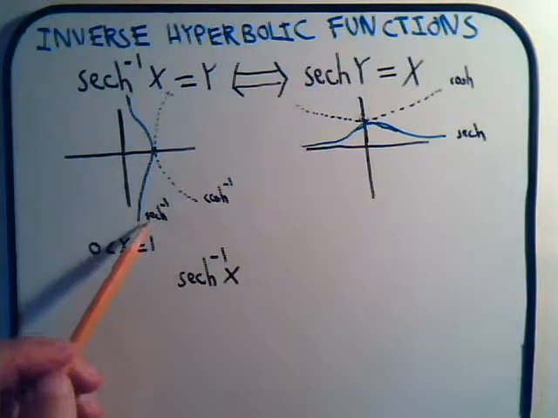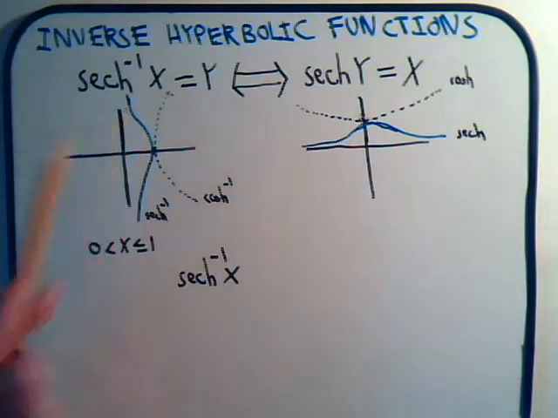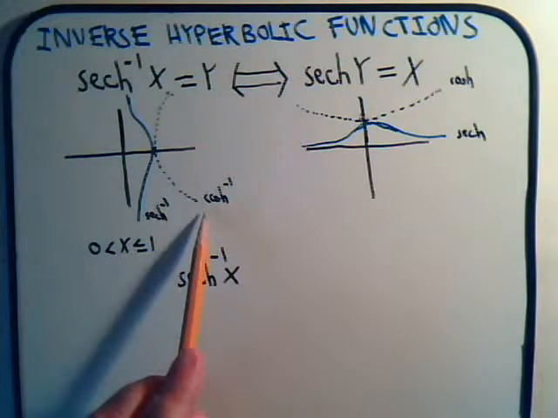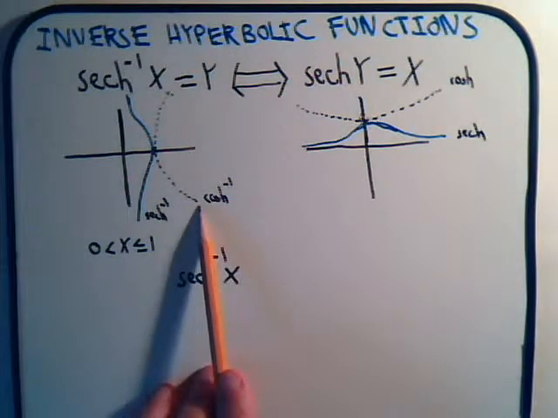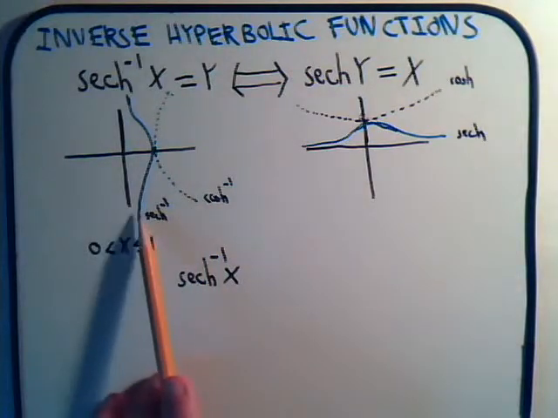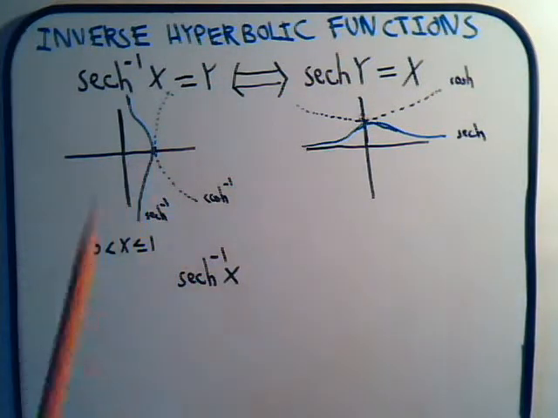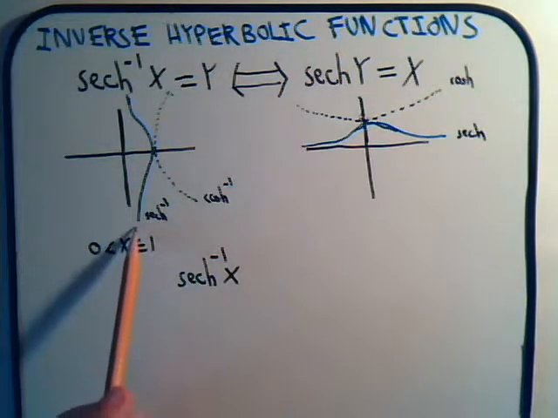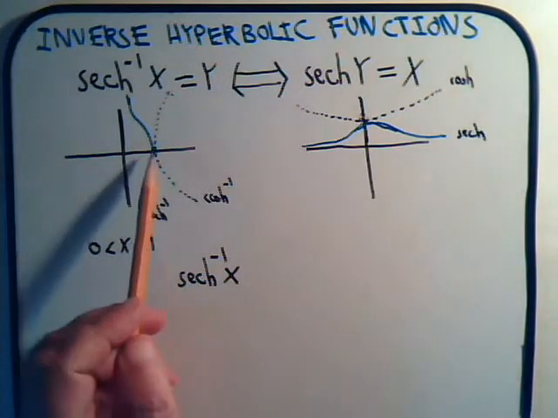And over here we have the inverse hyperbolic secant function sketched out in blue, and that is the reciprocal of the inverse hyperbolic cosine function. And when this has large positive x values, we would expect its inverse to have a small positive x value, and then as this decreases to where x equals 1, its reciprocal, the inverse hyperbolic secant, gradually increases to where x has its maximum value of 1.